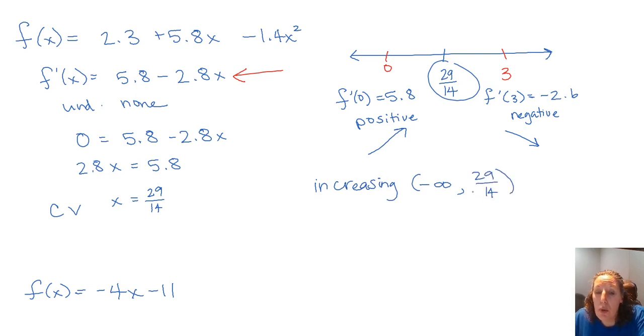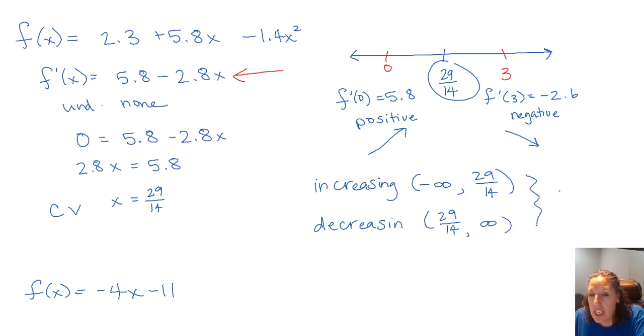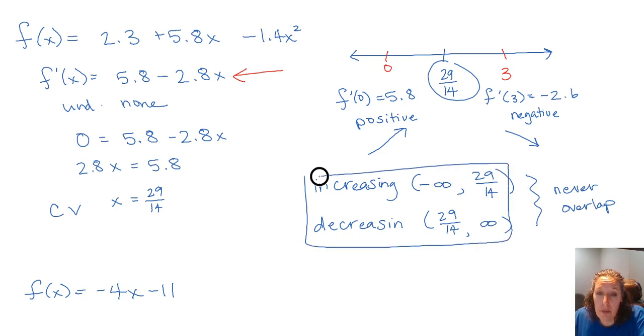We are going to use a parenthesis on that point, and it is decreasing from that point, 29/14, all the way to positive infinity. One thing that you can double check is these will not overlap. And together they should make up the entire domain of the function.